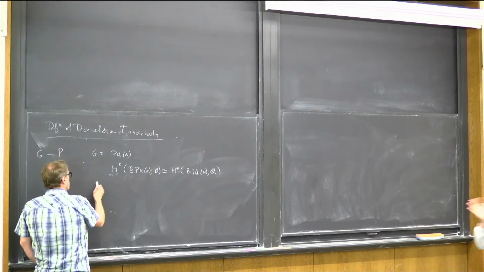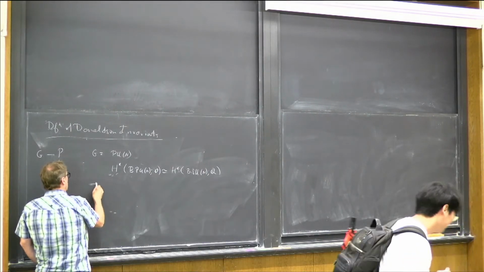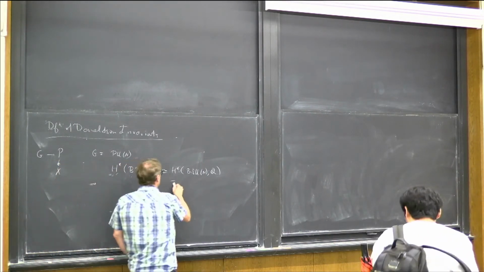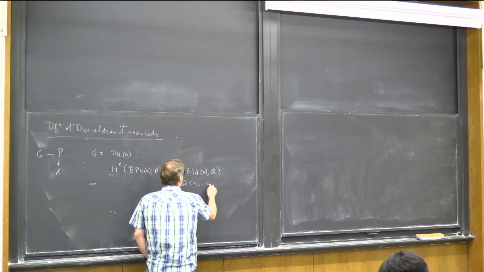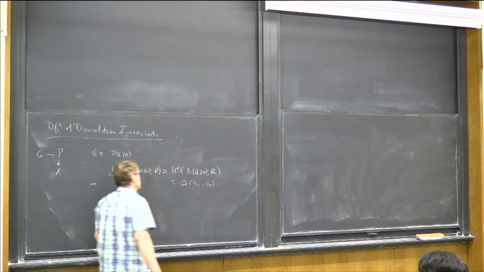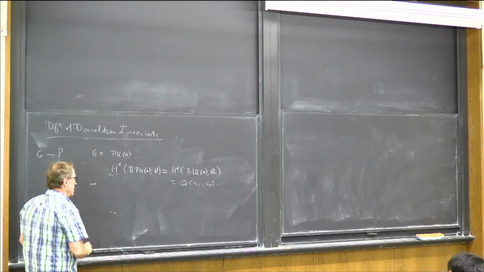And this is a polynomial algebra in the Chern classes from C2 up to Cn.